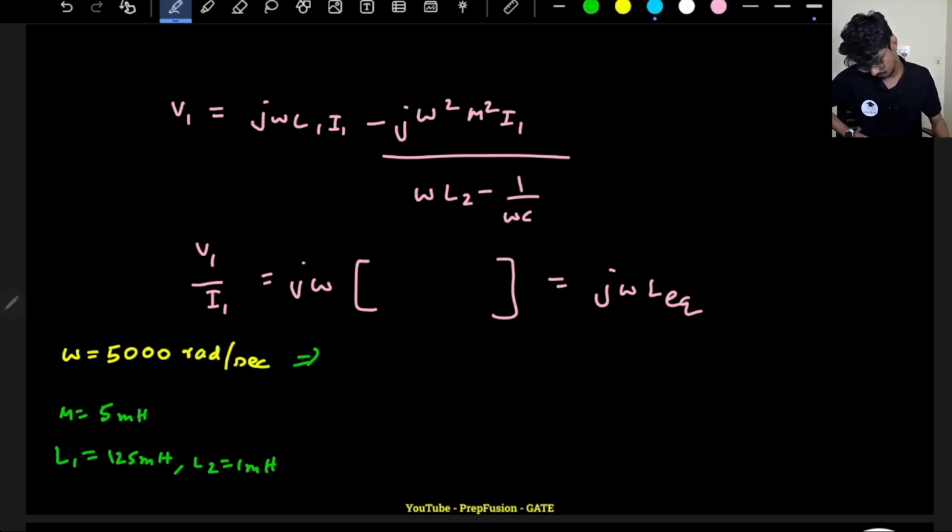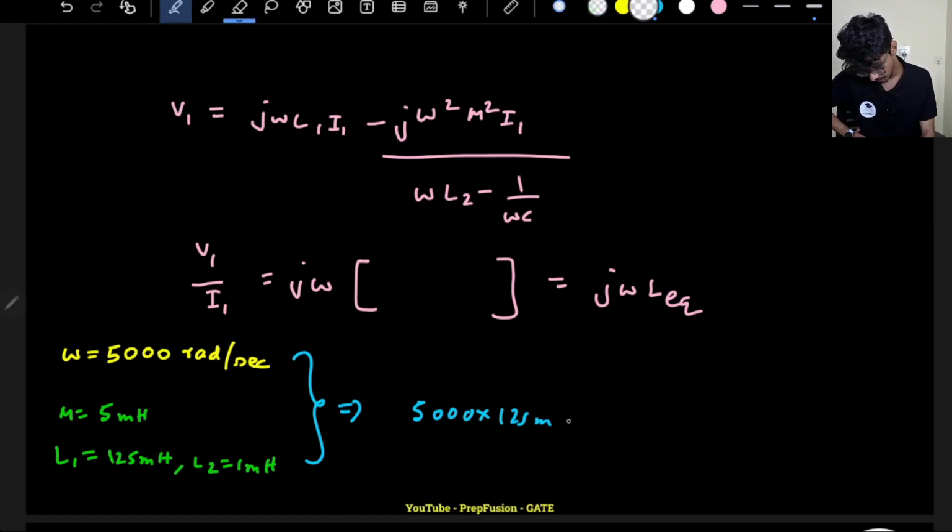So I can directly write it here. Omega is 5,000 into L1 I1. L1 is 125 milli, I1 is anyways gone, minus omega square. Not omega, sorry, I have taken common omega. So this will be my L equivalent. I am just calculating my L equivalent.